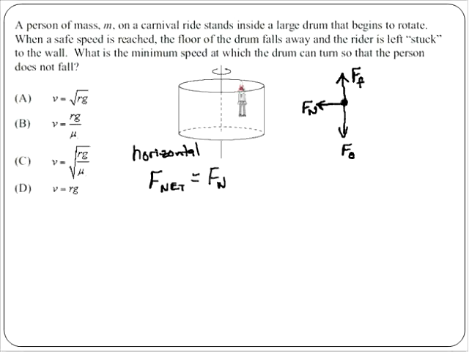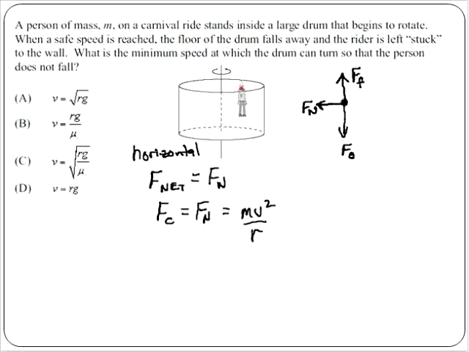So what that means is Fc equals Fn. So if Fc equals Fn, that means it's also equal to mv squared over r. So there's one relationship: Fn equals mv squared over r, because it's equal to centripetal force.